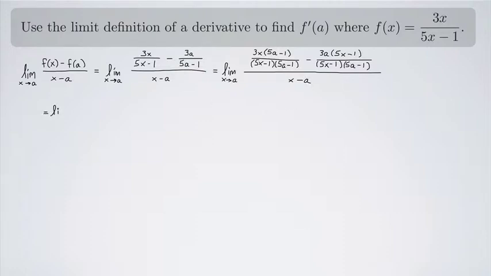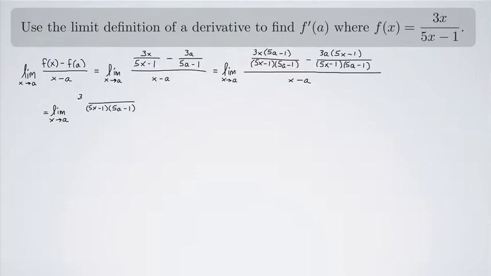So now I have the limit, and this is the limit as x approaches a of. So now I can combine this into one fraction on the top. So that's going to be 5x minus 1 times 5a minus 1 for my denominator there. And I'm going to have 3x times 5a minus 1.